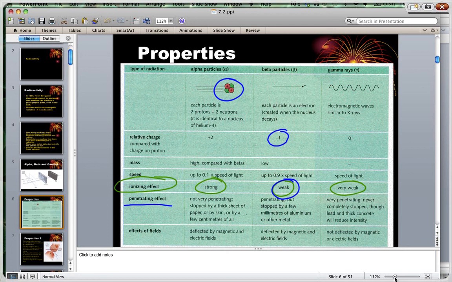A thick piece of paper, generally all right. I just knocked off that alpha particle there. When you're looking at beta particle, it's quite easy. A few millimeters of aluminium or other metal will protect you. So you can protect yourself with a bit of metal.